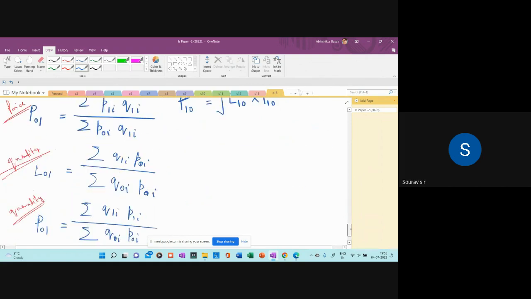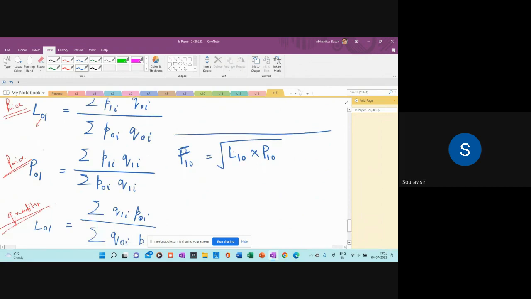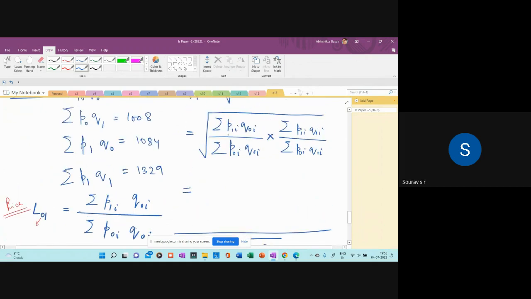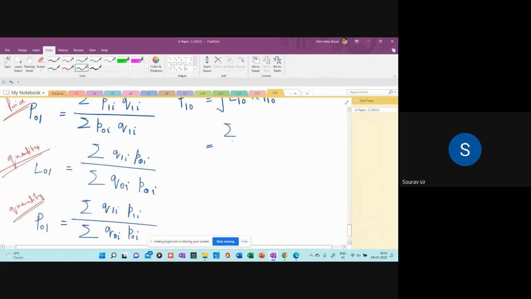So this F 1 naught is this thing. 1 naught means taking the base year like this. So let us refer to the above formula. In the above formula, wherever there is 1, we will replace it by 0, and wherever there is 0, we will replace it by 1. So summation P1I Q naught I, P1 Q naught, P naught Q naught. So let me write this first.